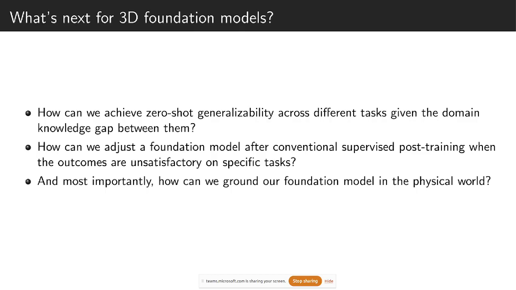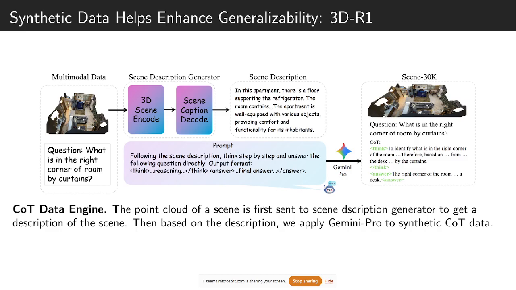And then most importantly, how can we ground our foundation model in the physical world? We only perform our evaluation on benchmarks, and that's not what we do in Body AI. We try to figure out real world problems, and how to bridge the gap between the benchmark simulation and the real world. So those are the three questions we're going to try to solve, and we're probably going to come back to this page after we introduce the following works.